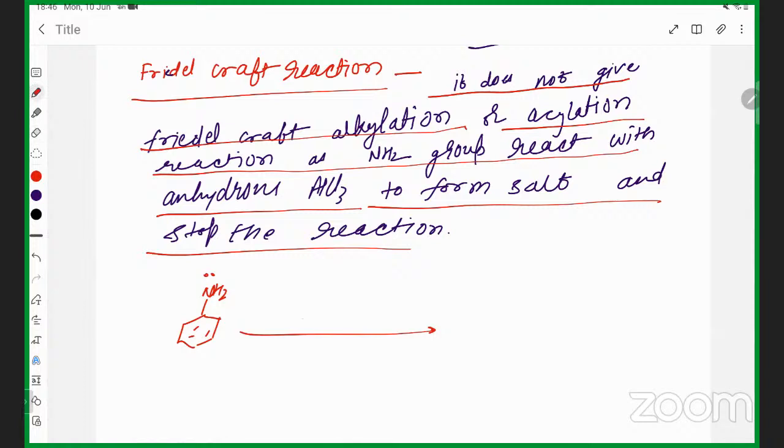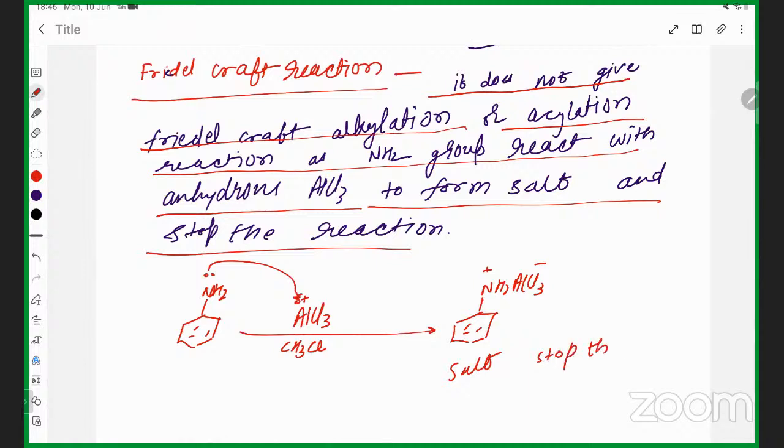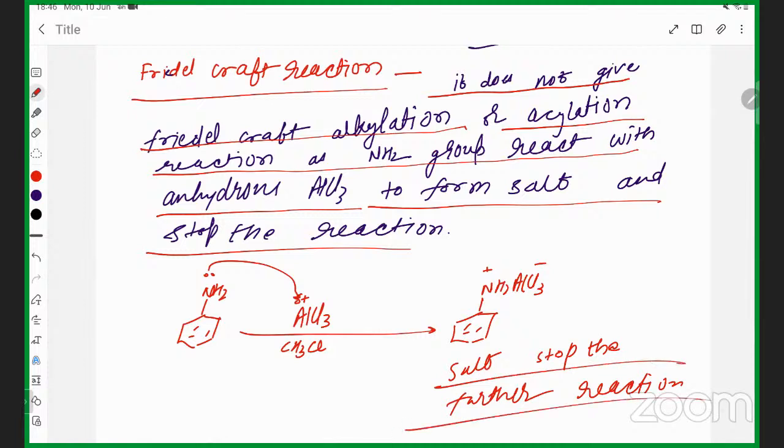So what is happening here? This catalyst and CH3Cl we use. This is partially positive, it is going to attract here, and this will form the salt. And once it forms the salt, AlCl3 is positive-negative, so this salt stops the further reaction, because there is no catalyst for the reaction. So Friedel-Crafts alkylation and acylation is not given by aniline.